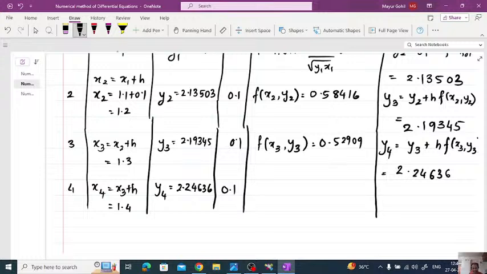So let's clear all this stuff and we get here 2.24636 minus 1.4.